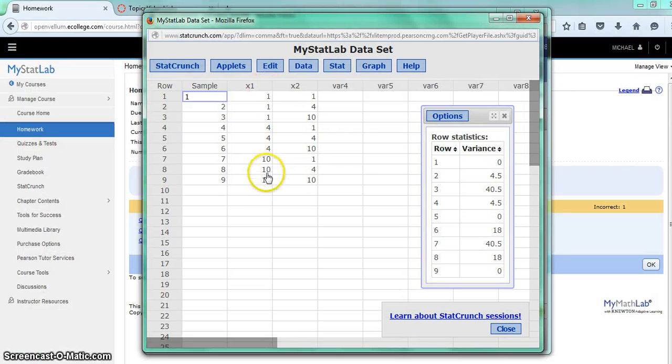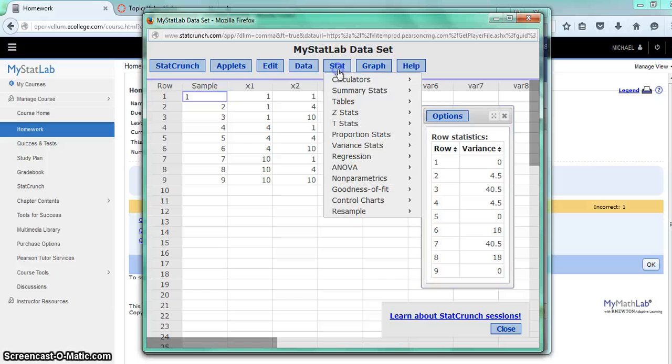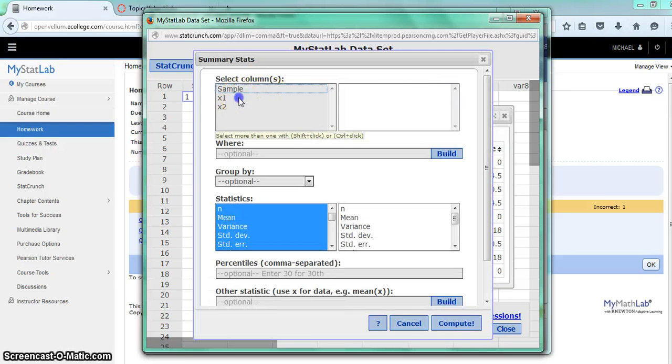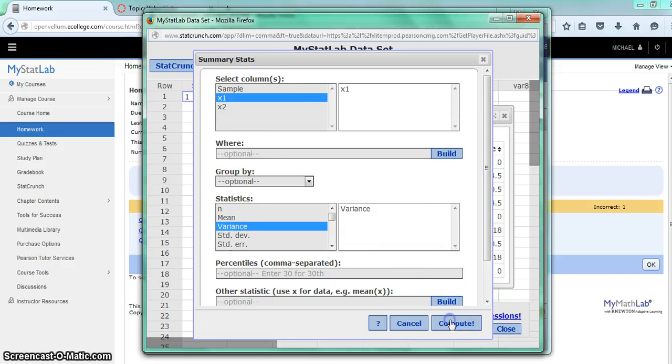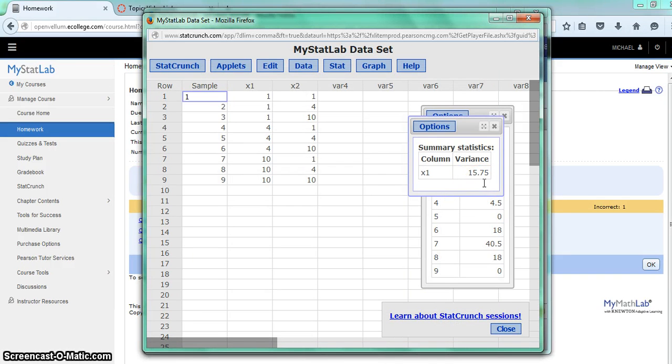So here are all our values. If I just wanted to find out what their variance is, I could just do a column. I'm looking at x1. I just want to find the variance of the whole population. And we'd find that it's 15.75.